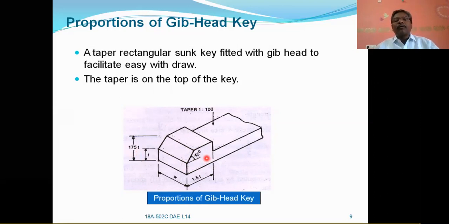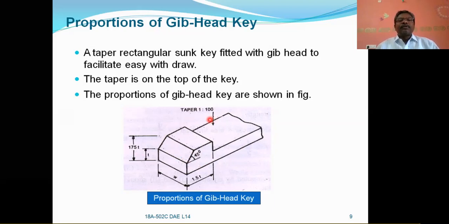Sometimes we may have a question: draw a proportionate sketch of a jib head key for a shaft diameter of some value. In such a case, you have to draw this jib head key with the proportionate dimensions. So this is all about the jib head key. The proportions are shown below.